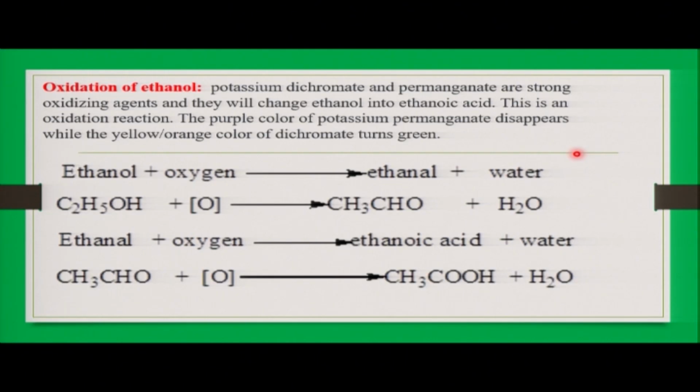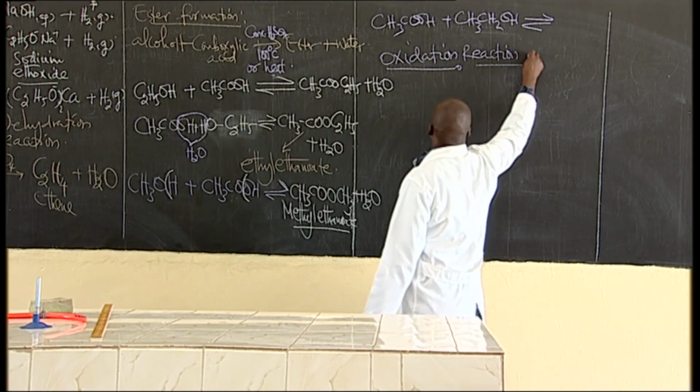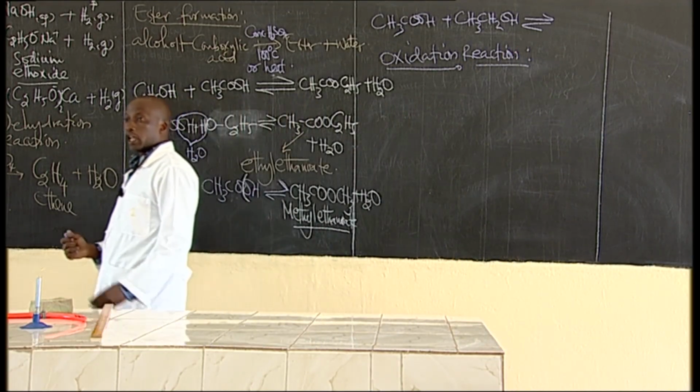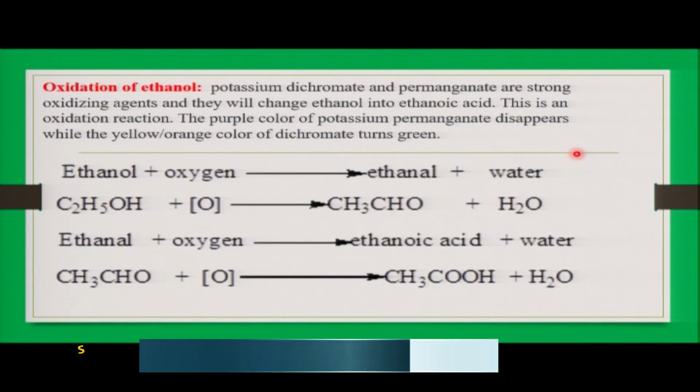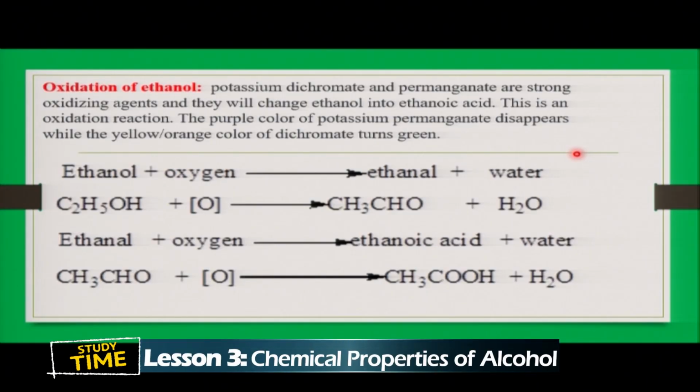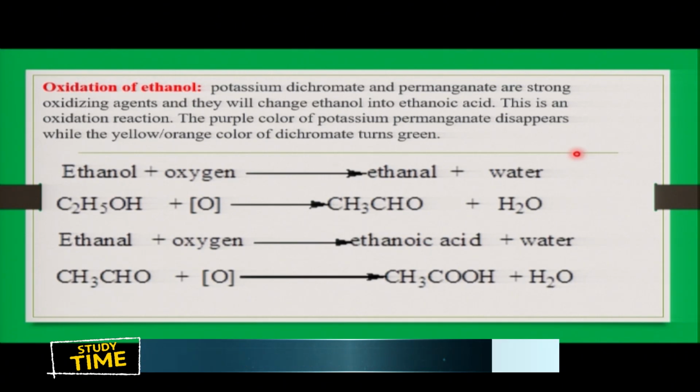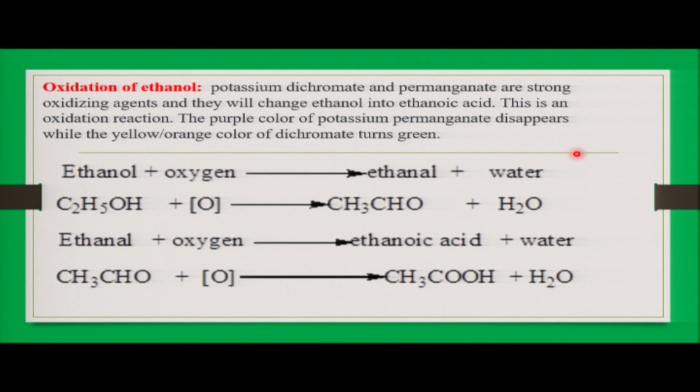Oxidation reactions. So we had discussed this part, what oxidation means. We have discussed what reduction means, what an oxidizing agent means, what a reducing agent means from the previous lessons.